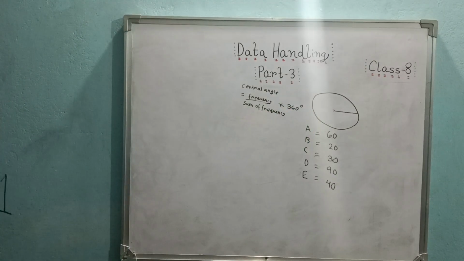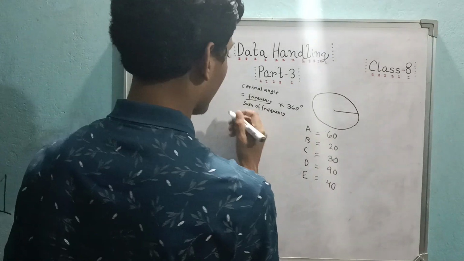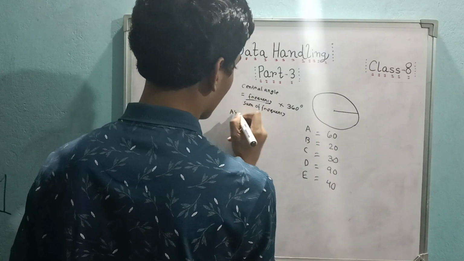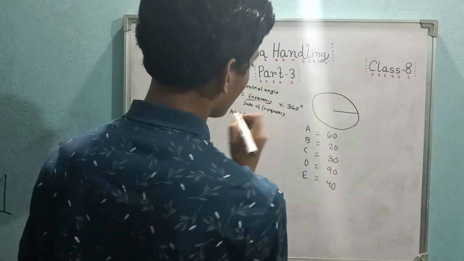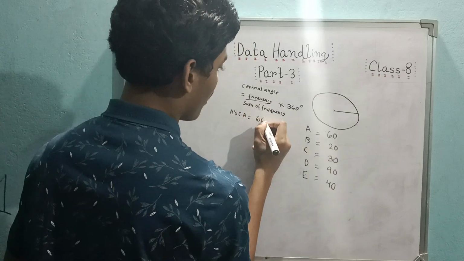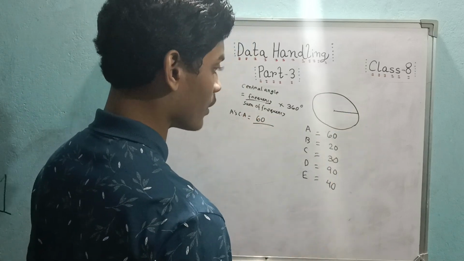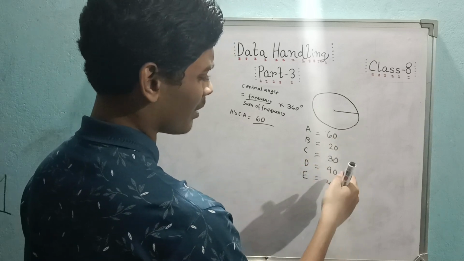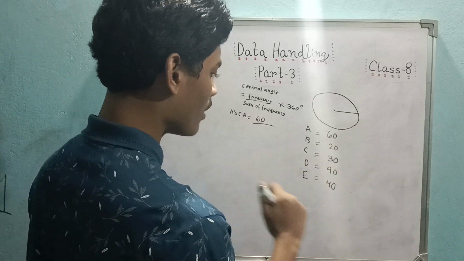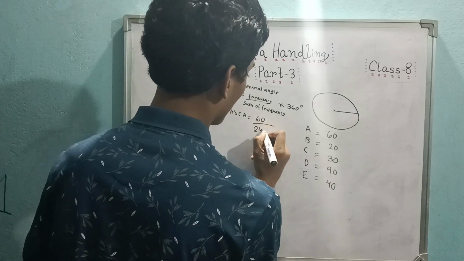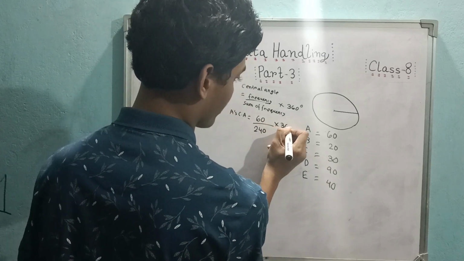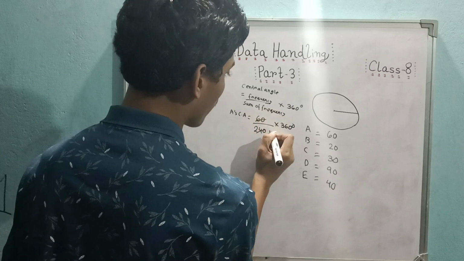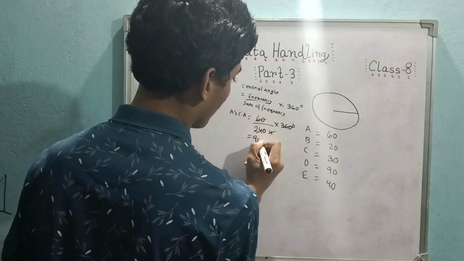So for A, I am writing the central angle as CA. What is A's frequency? 60, divided by the total frequency, 240, multiplied by 360 degree. Then just solve, 1 by 4 and 90 degree.